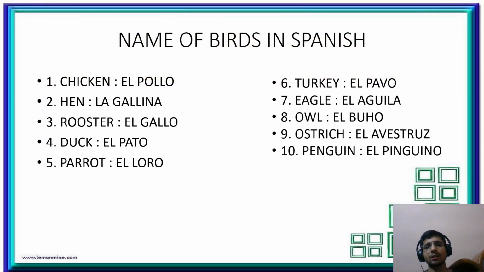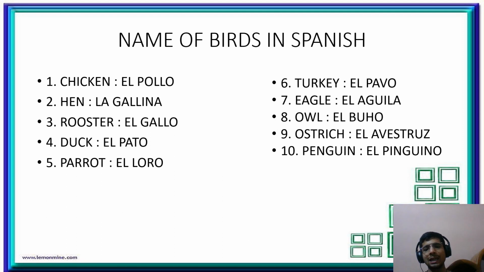Next come some names of birds in Spanish. For example, chicken, el pollo. Hen, la gallina. The double L sounds like Y. Similarly, in squirrel, la ardilla, la gallina. Rooster, el gallo. Duck, el pato.